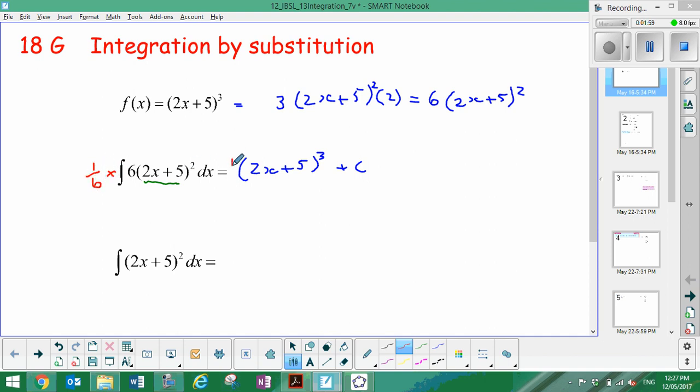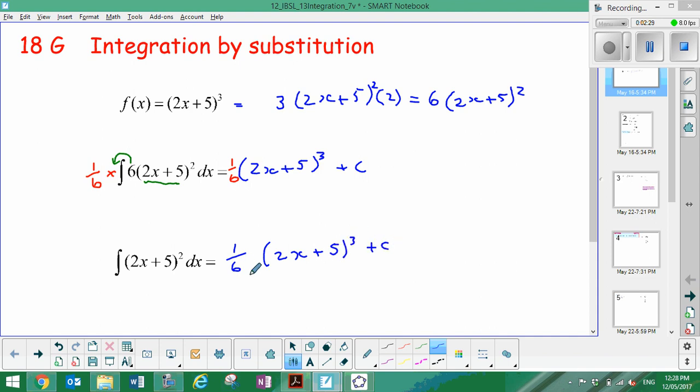Because it's just a constant, it can move outside the integration. That's one of the rules of integration that we had. So now the 1/6 will cancel with that, and we can come up with our answer of 1/6 times (2x plus 5) all cubed plus c.